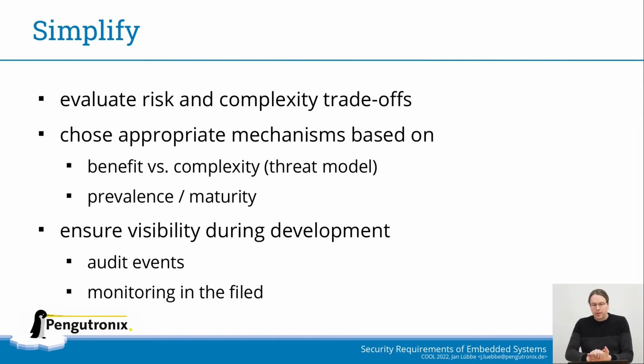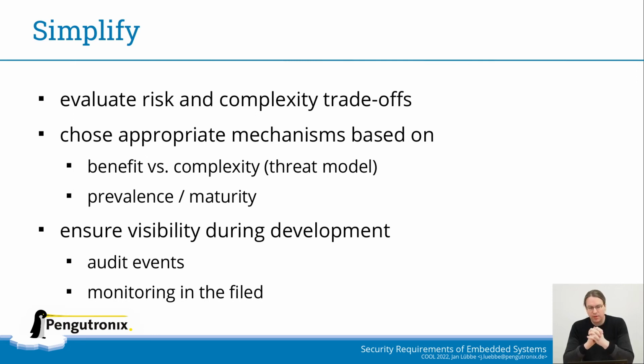So a big benefit in your system will be if you can simplify your architecture. So you should evaluate the risks and complexity trade-offs of any protection mechanisms. Any complexity you don't have can't break. That's easy to keep in mind.